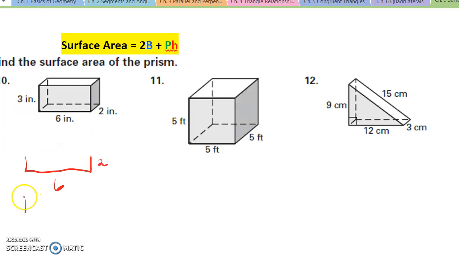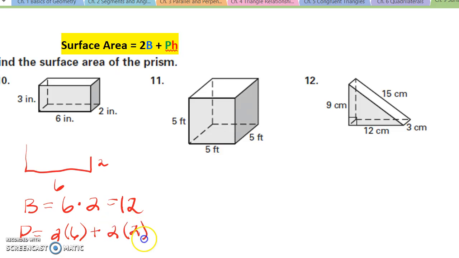And we're going to find the area of the base, which is just 6 times 2, or 12, and the perimeter of the base, which is 2 times the length plus 2 times the width. So 2 times 6 is 12, 2 times 2 is 4, and 12 plus 4 is 16.